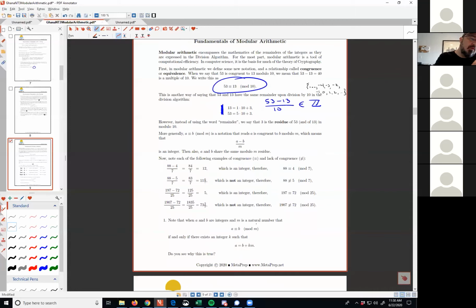Now, when we write more generally, A is congruent to B modulo M, that means that A minus B divided by M is an integer, and I'm going to give that integer a name. Why might I give that integer a name?